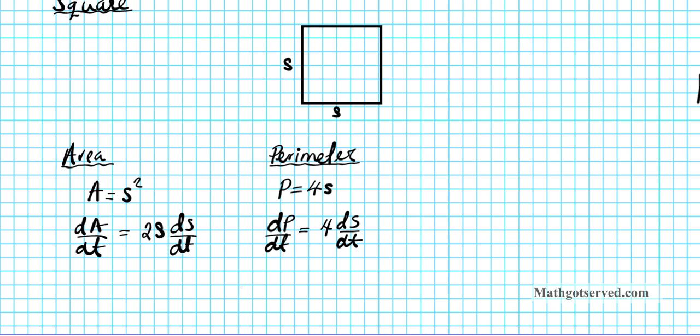Now what if we wanted to compare the rates of the area and perimeter together? So the area and perimeter, how are their related rates connected? For the area, we know that dA/dt is equal to 2s ds/dt. Now, how can we put this into this equation right here?